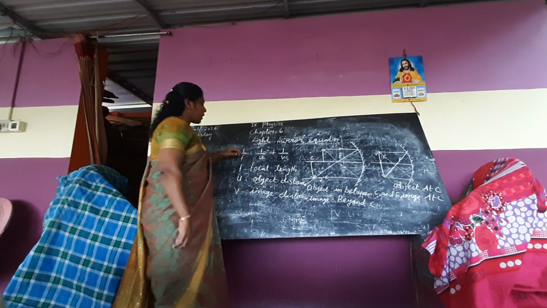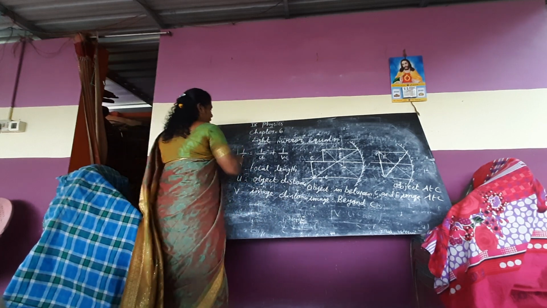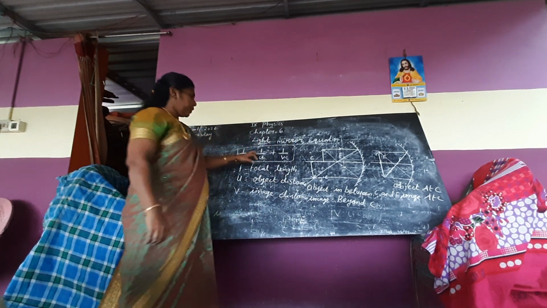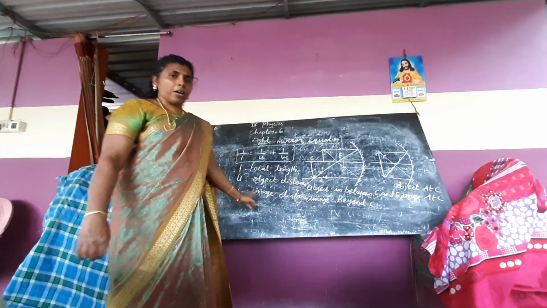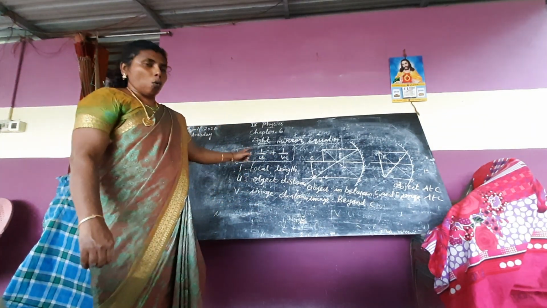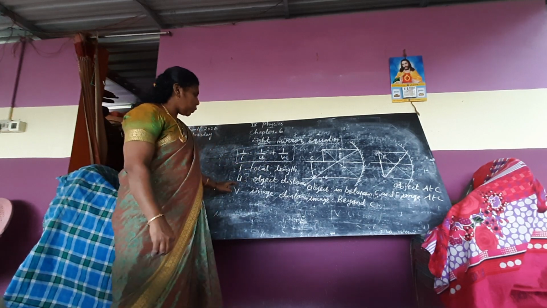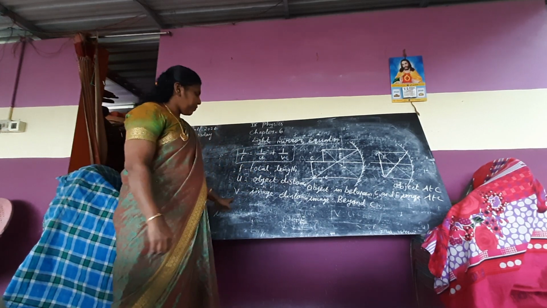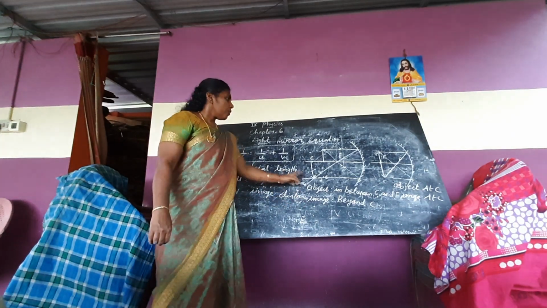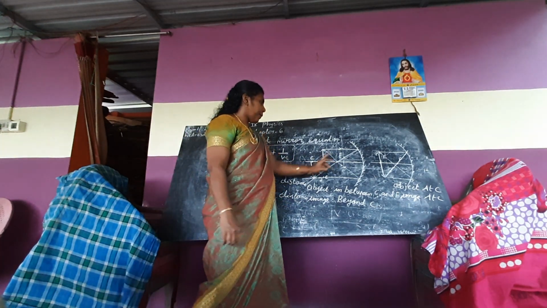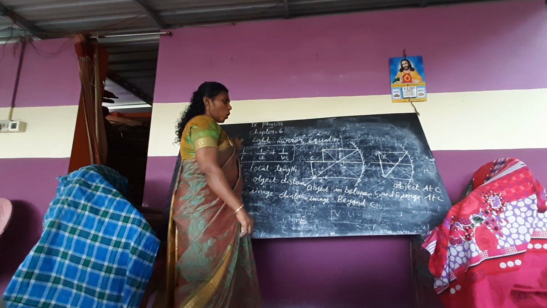See the mirror equation. First you have to write the equation 1 by f equal to 1 by u plus 1 by v. F means focal length, u object distance and v image distance. Okay. Suppose in this diagram, how will you find the object distance?